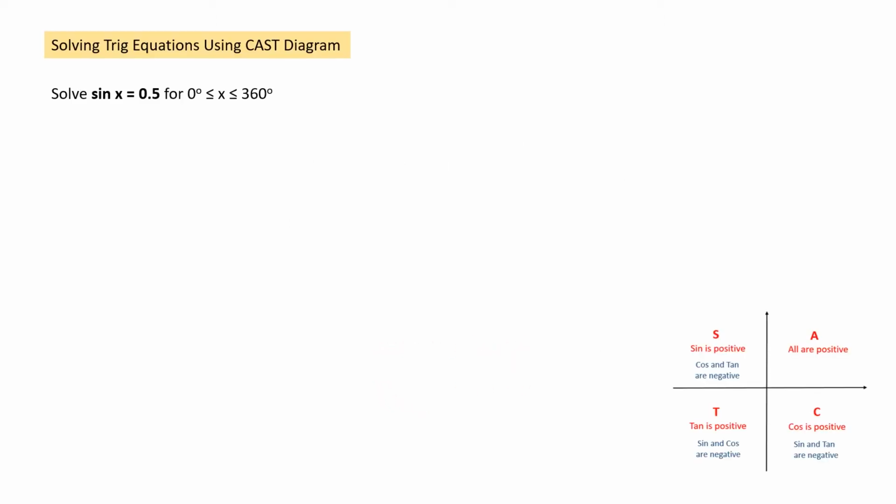The question is, sin x can take any value between 0 and 360, but since this answer is positive, we are able to eliminate some of the x values using the CAST diagram here.